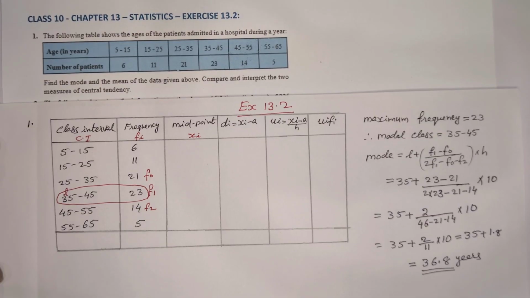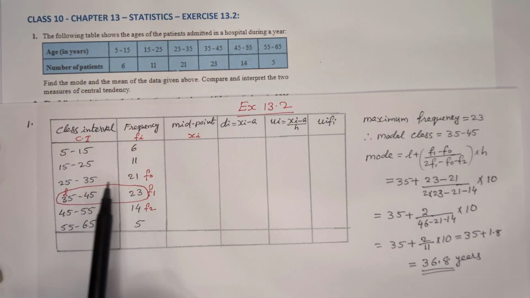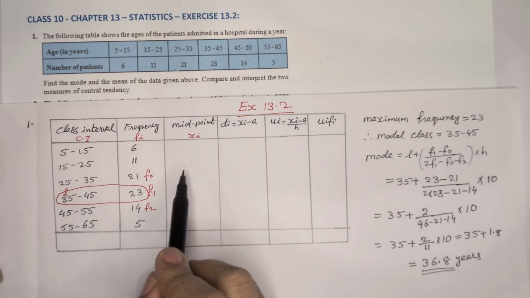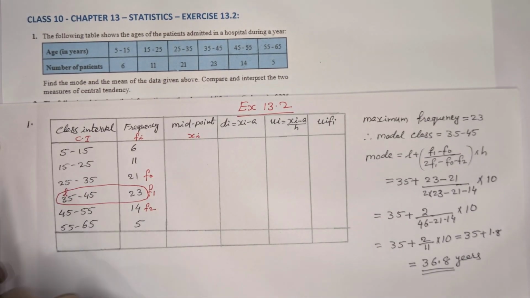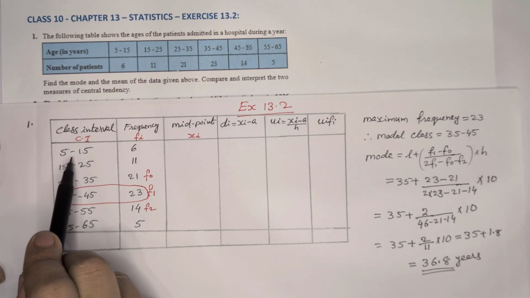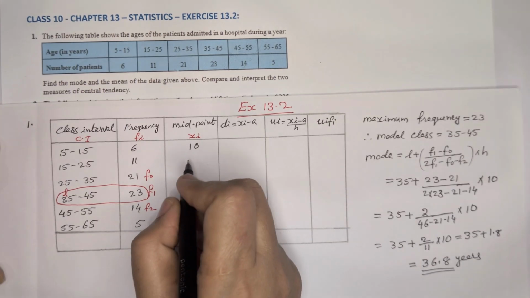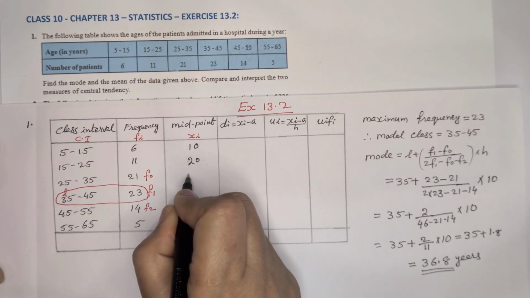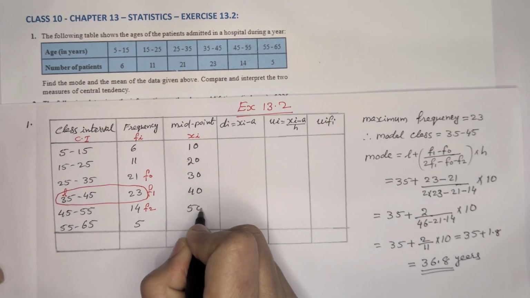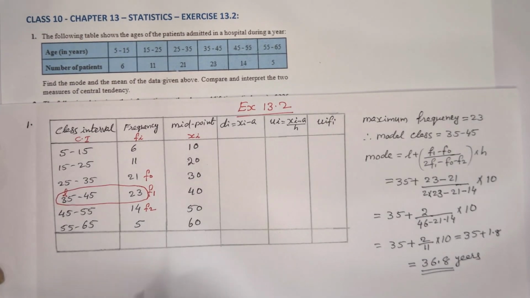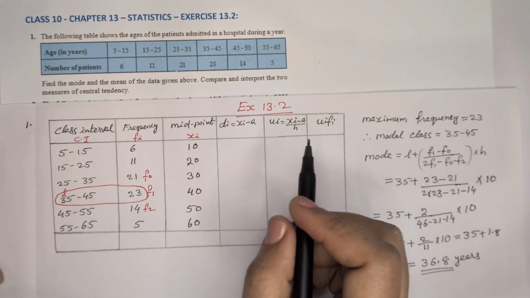Now we got the mode. Next we have to calculate the mean. For that we can use the same table. First we have to find the midpoint of each class interval. 5 plus 15, 20. 20 divided by 2, that is 10. So we can write the midpoints of the class intervals: 10, 20, 30, 40, 50 and 60. These are big numbers, so we can use the step deviation method.